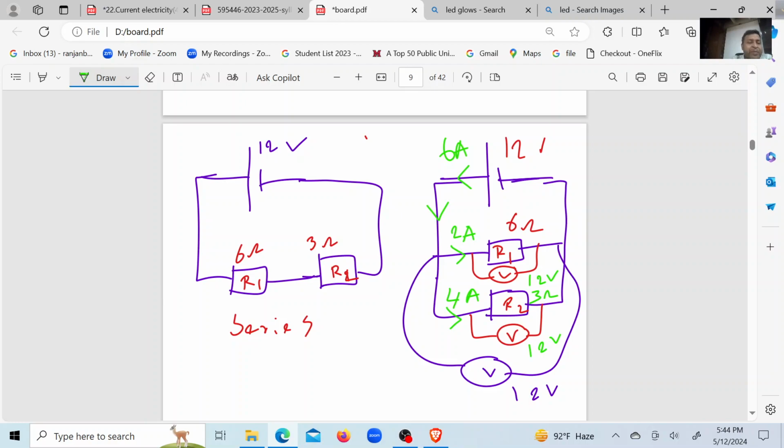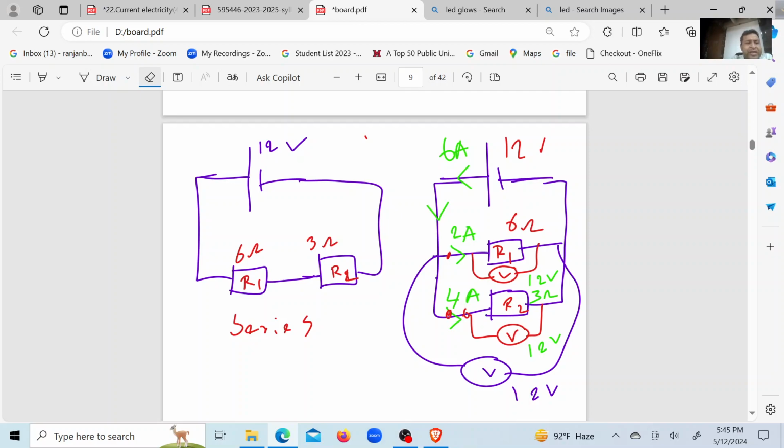Okay. In parallel connection, the advantage is you can connect a switch individually. If you connect two switches in this pathway, right? When you turn on one of them, you can individually give current to R1 and R2. Even look, the current is now 6 ampere, right? In the main supply.